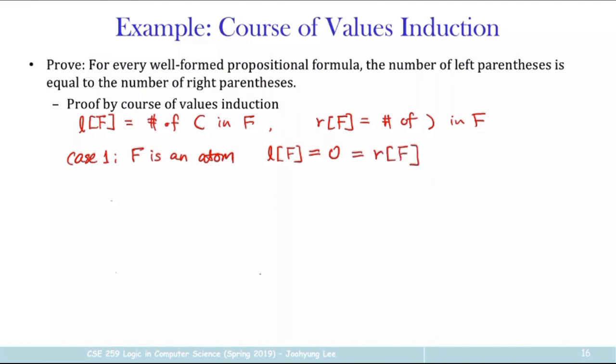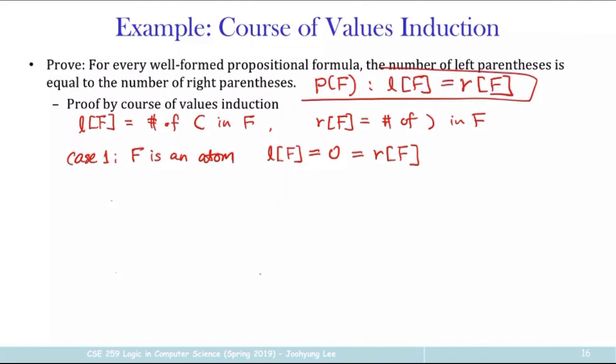Oh, by the way, I should actually say what the claim is that we want to prove. The claim here, in English, can be written as proving P of f, where L of f is equal to R of f. So this is the claim to be proven. What did I just show you?